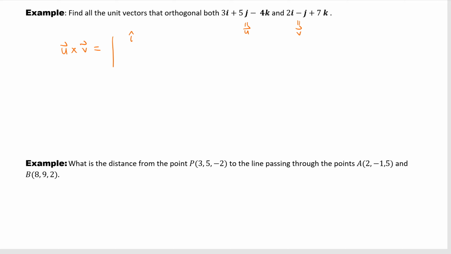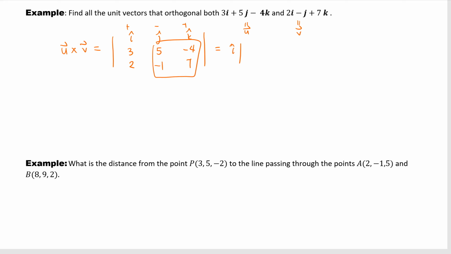So in the first row we put i, j, k, and in the second row we put the first vector, so that is 3, 5, minus 4, and then we have 2, minus 1, and 7. So we do plus, minus, plus. So plus i, and then the determinant of the submatrix by deleting the first row and the first column.